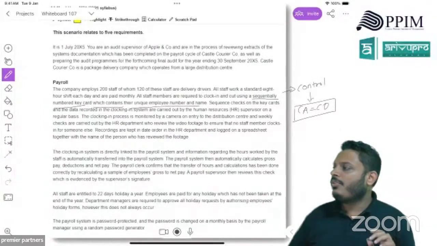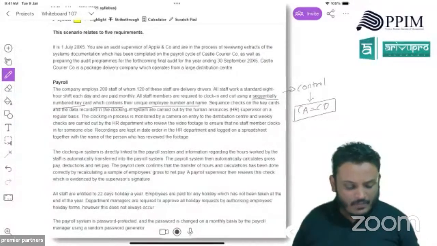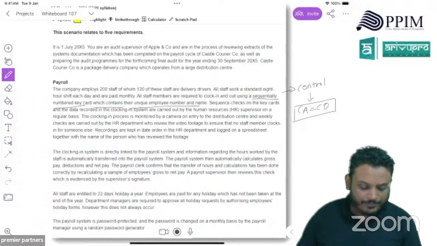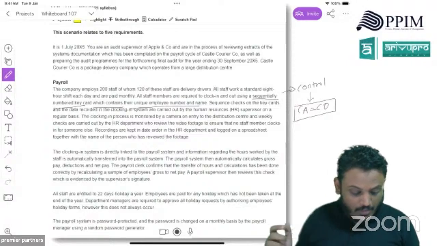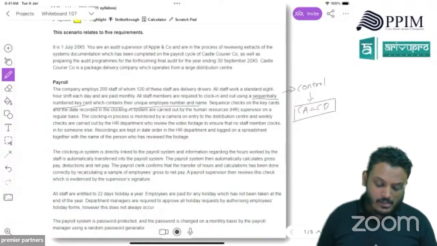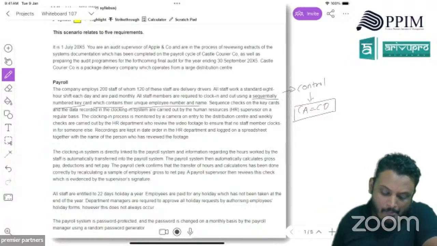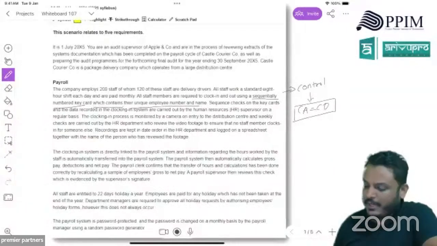So key controls, see here, when I read your answers, it says key controls. Sequence checks on key cards and data recorded by the clocking system are carried out by the HR supervisor on a regular basis.